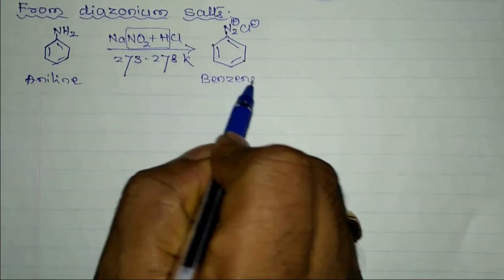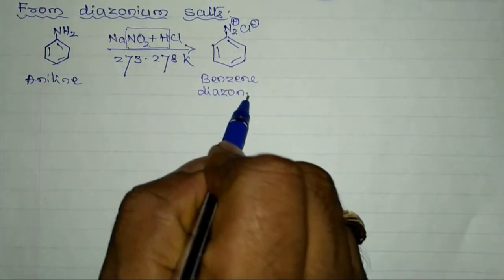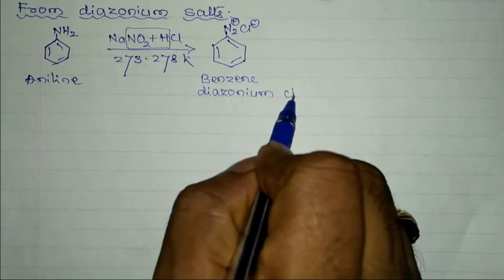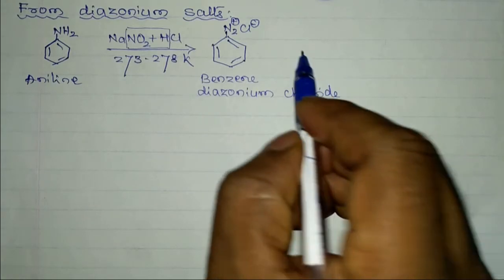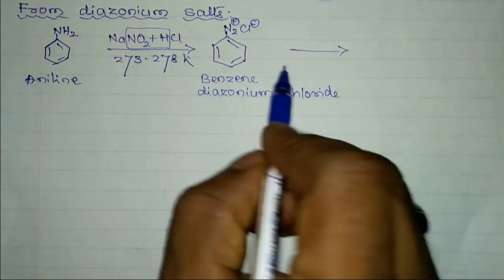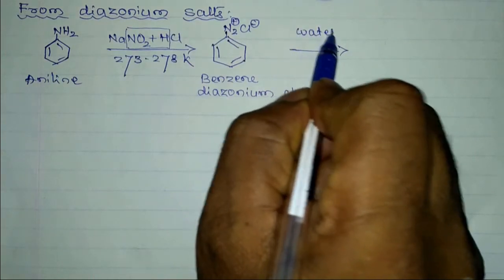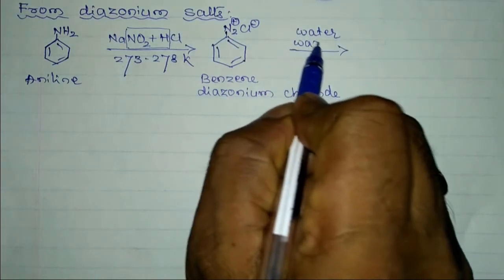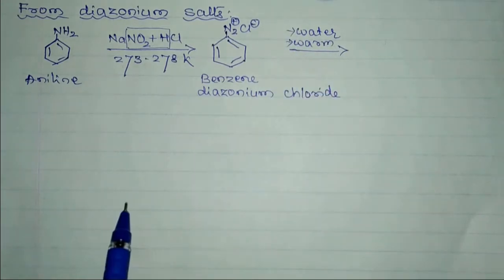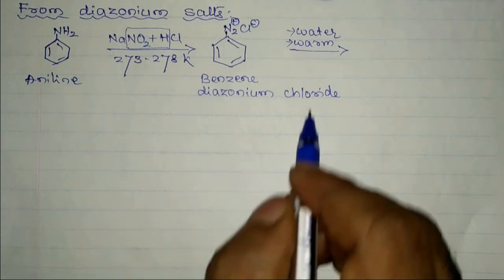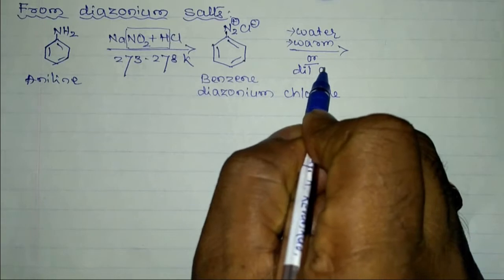Benzene diazonium chloride is warmed with water or treated with dilute acid. First add water, then warm it, or add warm water, or even you can treat this with dilute acids.